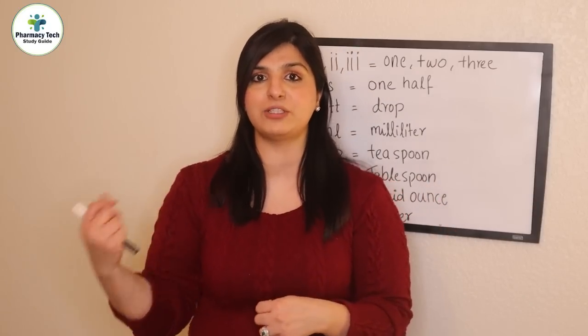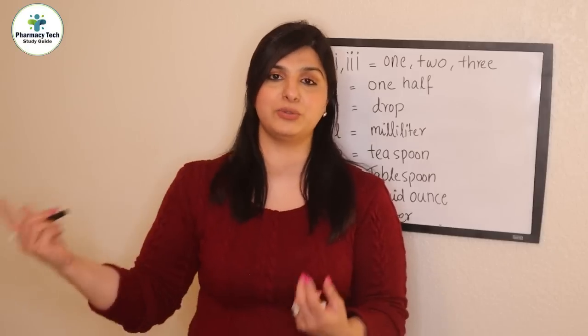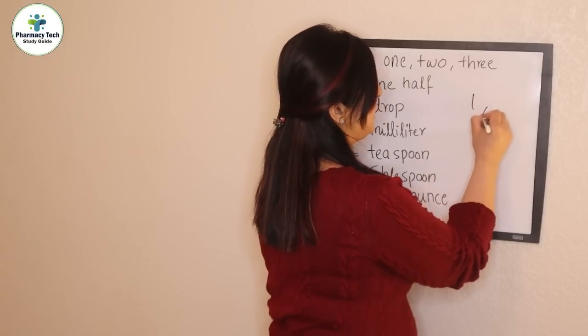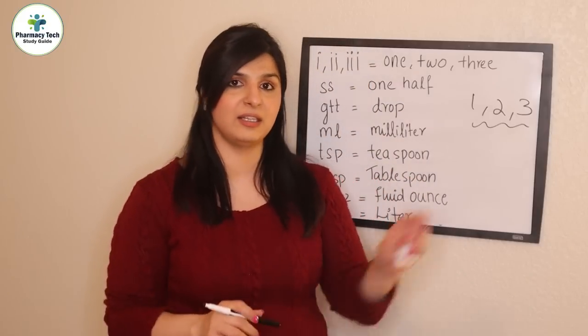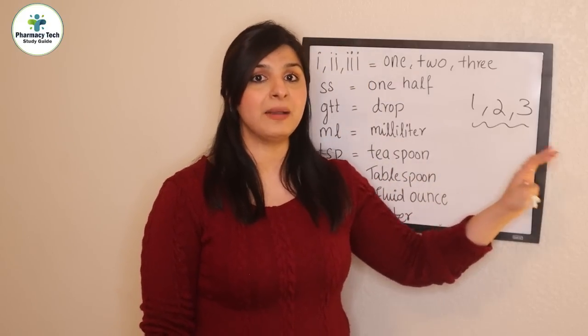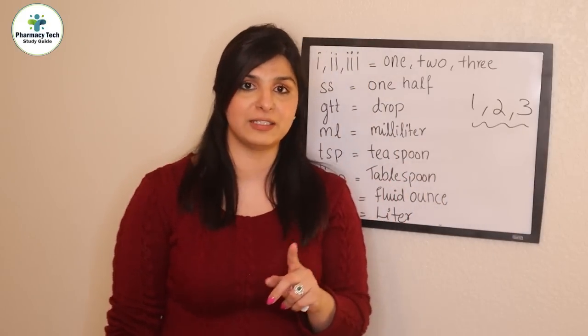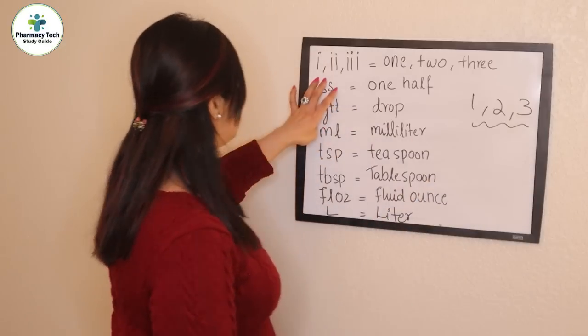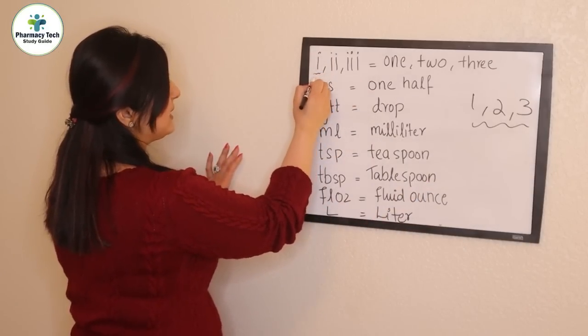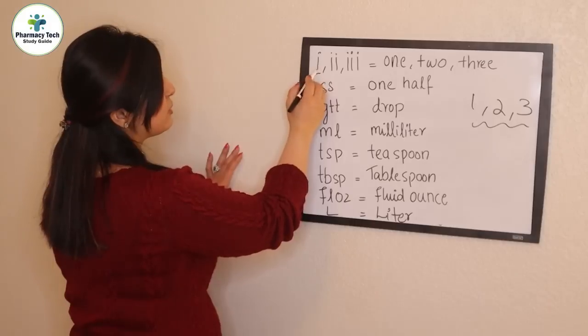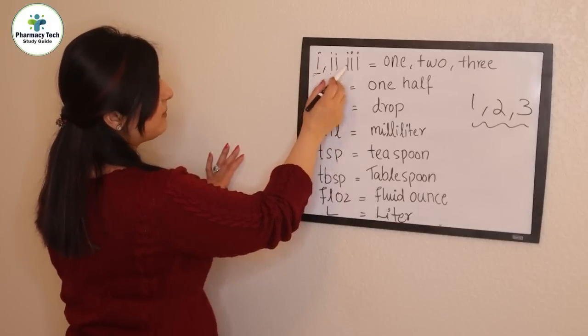Like if you have one tablet or if you have two tablets, you're not going to write 1, 2, 3 like your normal math numbers. You're not going to write numbers like that. Rather, you're going to use these numerals right here. So if it's 1 like this, that refers to 1 tablet, 2 tablets, or 3.